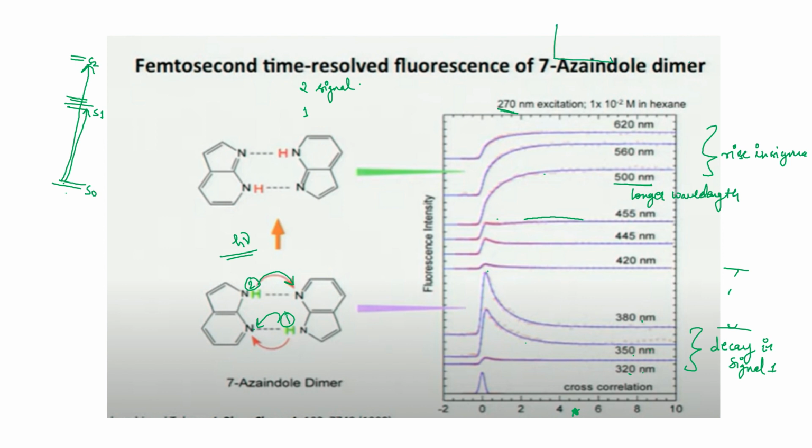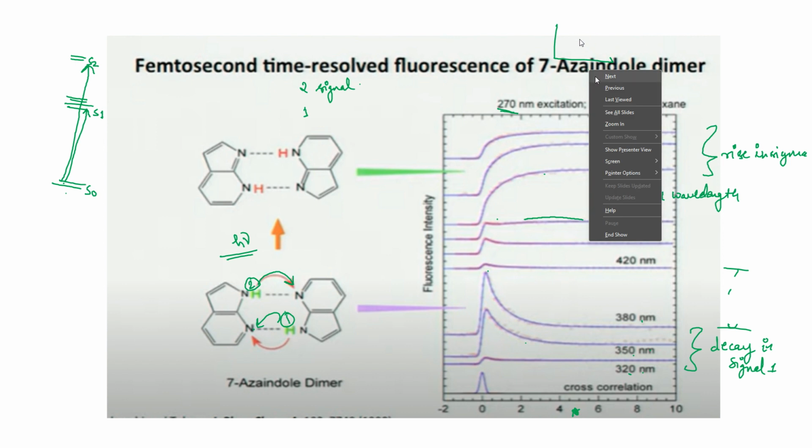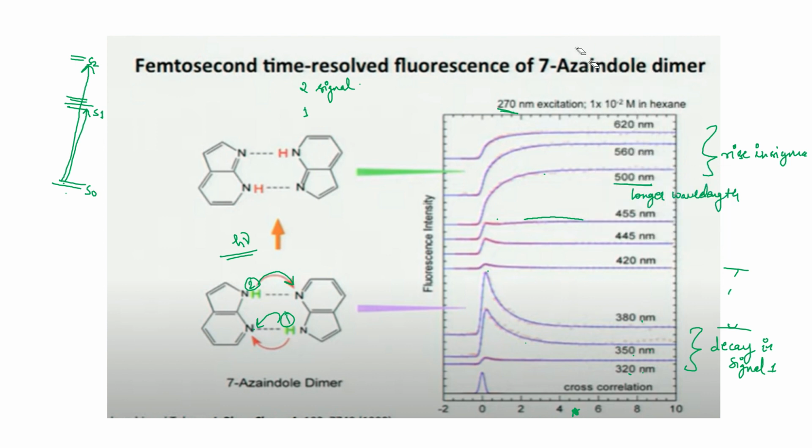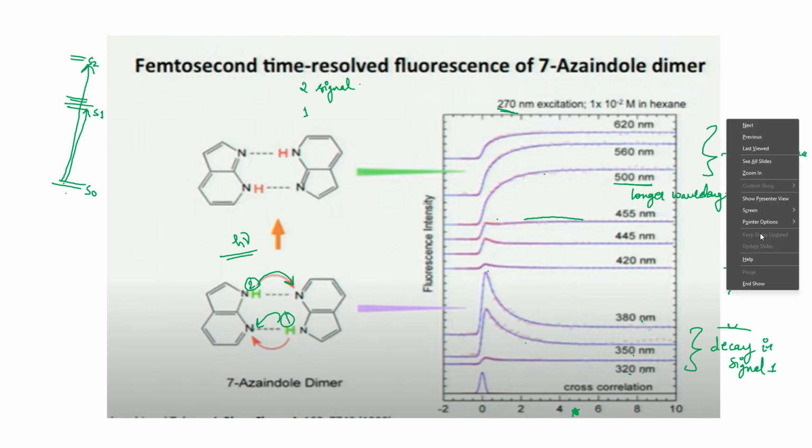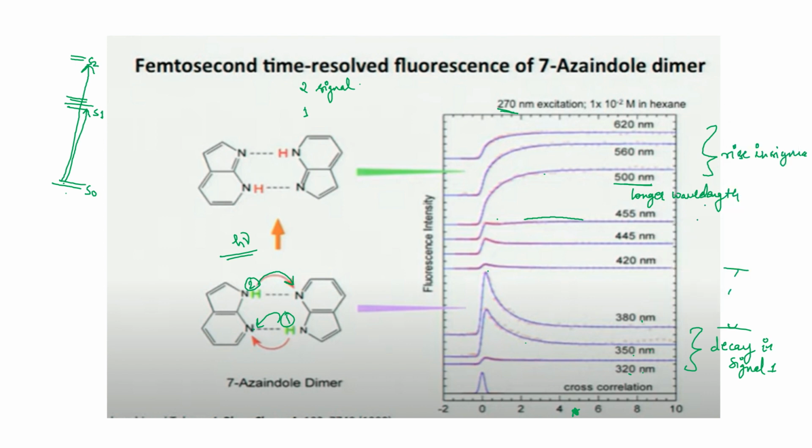And in the emission spectra, you will see something like this. The first peak is at, say, 380 nanometer, and the second peak is between 455 to 620 nanometer.